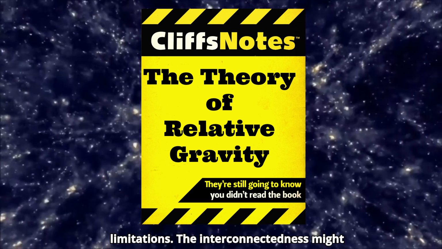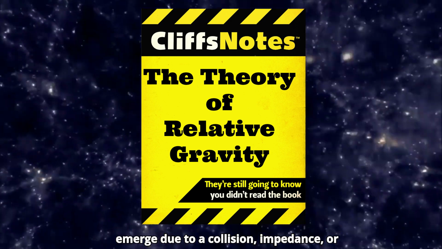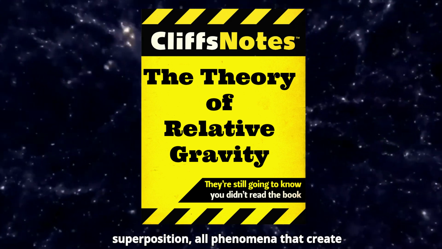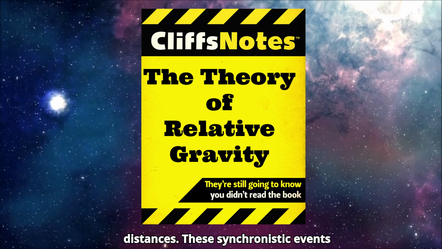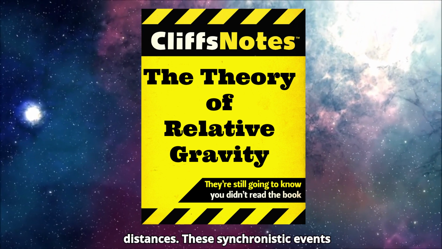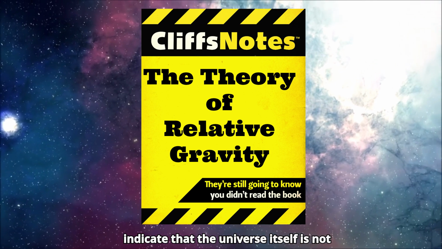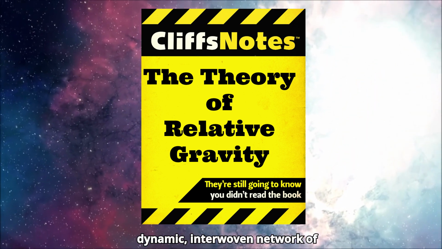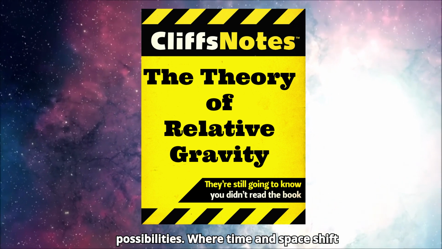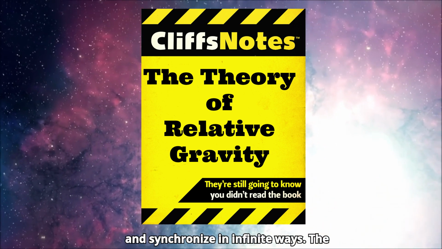The interconnectedness might emerge due to a collision, impedance, or superposition, all phenomena that create synchronized effects across vast distances. These synchronistic events indicate that the universe itself is not static or unchanging, but rather a dynamic, interwoven network of possibilities, where time and space shift and synchronize in infinite ways.